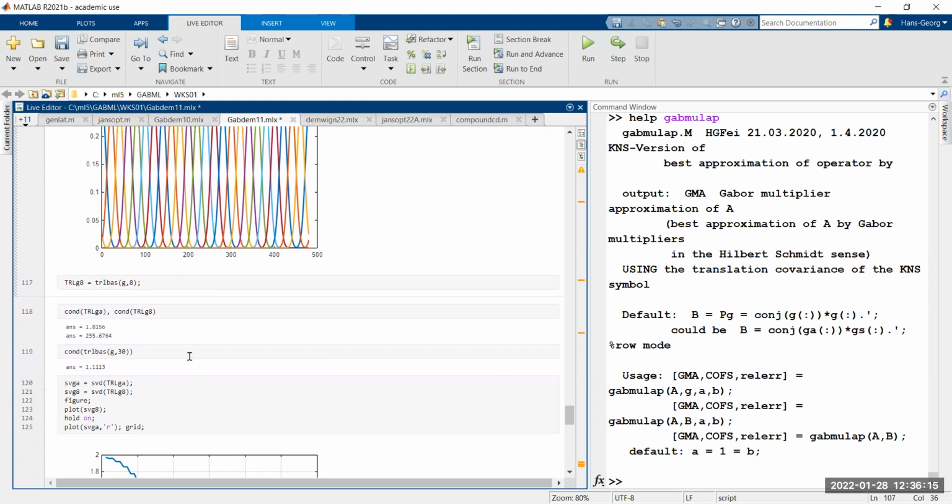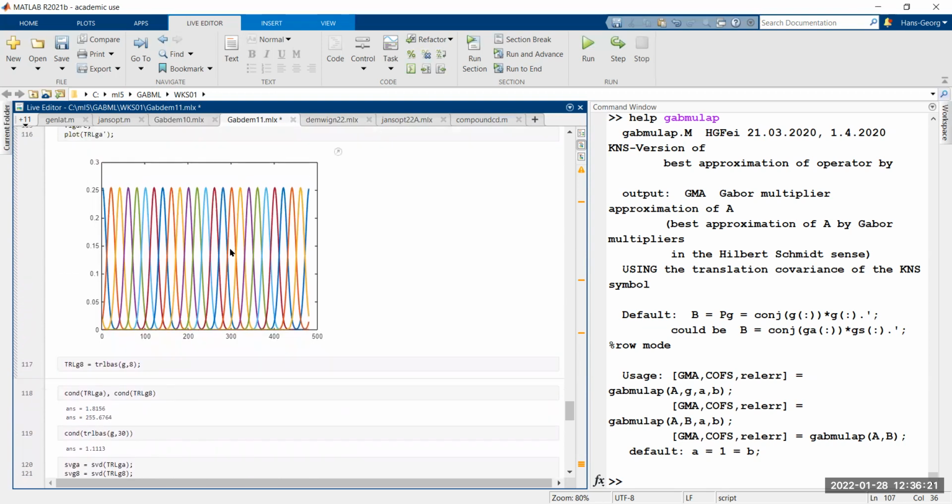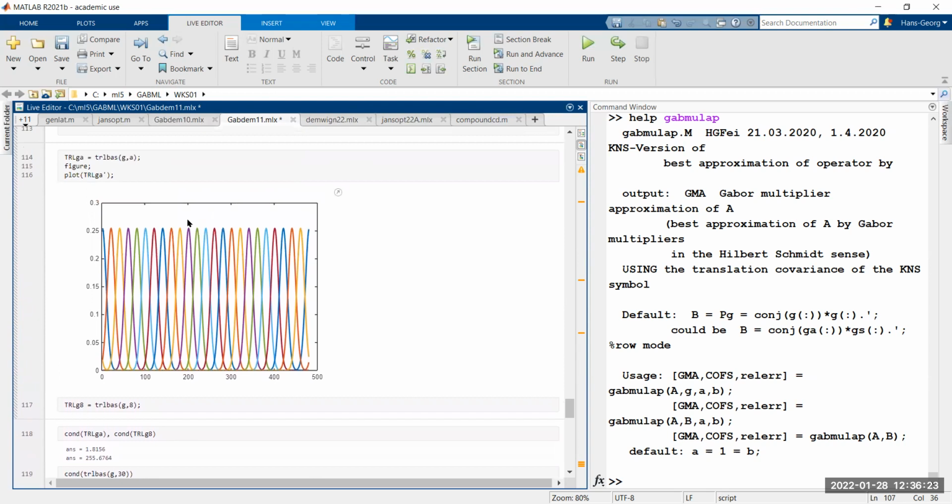And later on, I will take some more. And then I'm asking, what is the condition number? And the condition number of the displayed family here is, maybe I'm also doing one decoration. I make a grid and make axis tight. Hopefully it works.